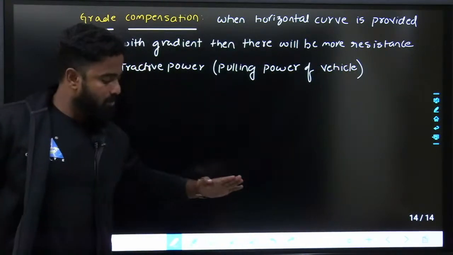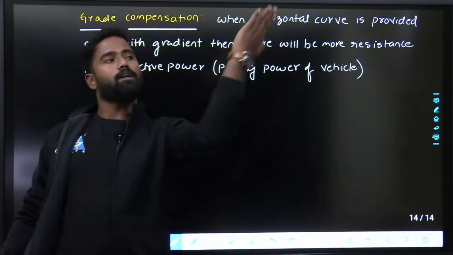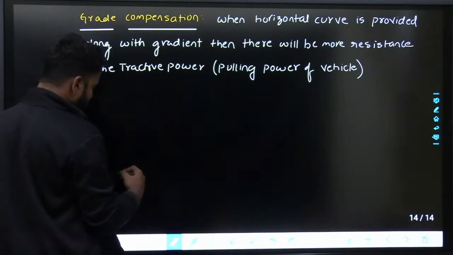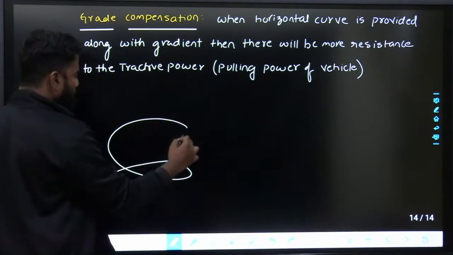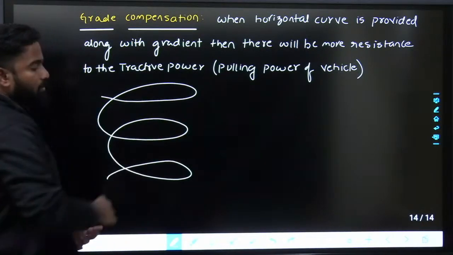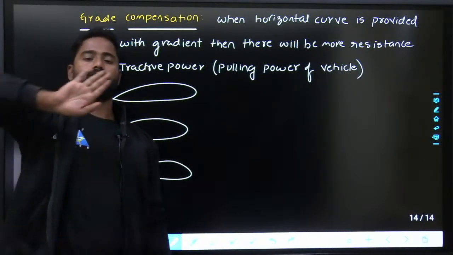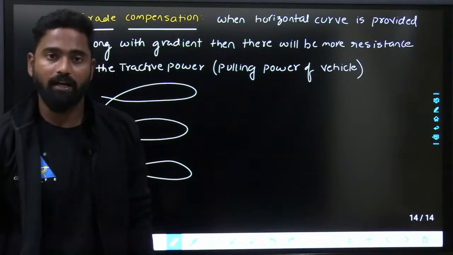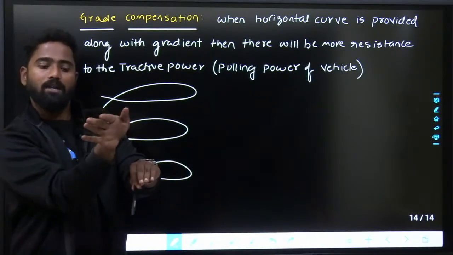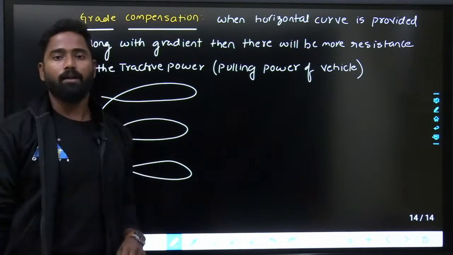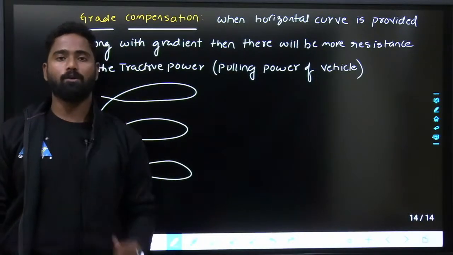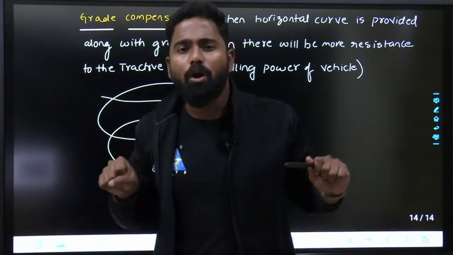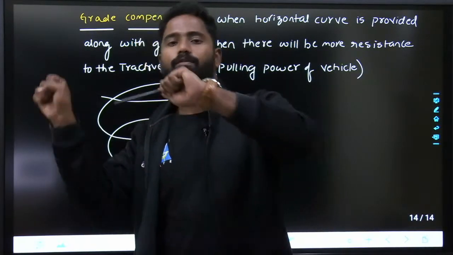See, that means you are providing a curve like this, let us say. That means there is a horizontal curve as well as a vertical curve, indirectly a spiral type of thing. So if you are providing a curve like this, with horizontal curve as well as gradient, then the vehicle has to apply more power for moving on the road.